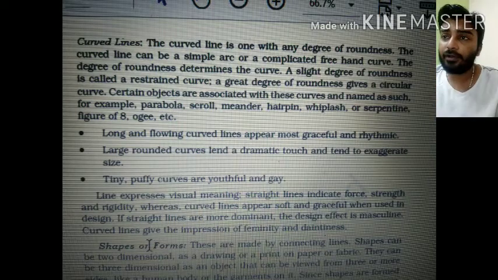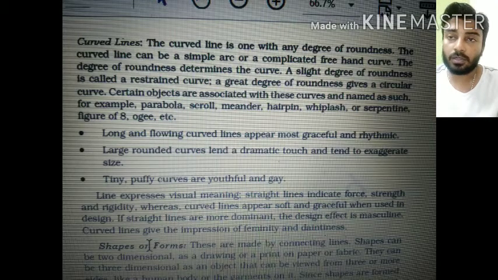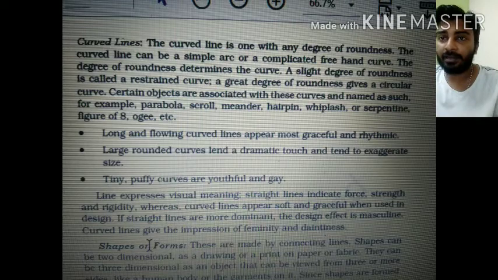A slight degree of roundness is called a restrained curve. A greater degree of roundness gives a circular curve. Certain objects are associated with these curves and names, such as parabola, scroll, meander, hairpin, whiplash or serpentine. So these are the different names which are given.